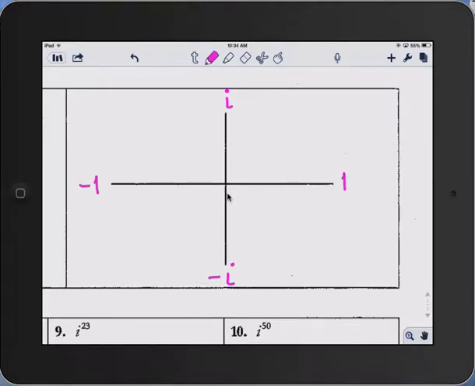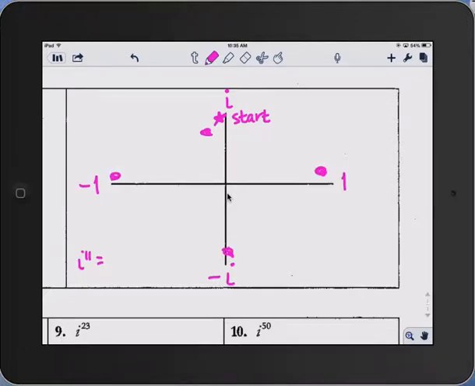Now, if you were going to count off i to the 11th, for example, you could say i to the 11th is i to the first. You always want to start here when you're counting because that's i to the first power. So i to the 11th would be i to the first, second, third, fourth, fifth, 6th, 7th, 8th, 9th, 10th, 11th.